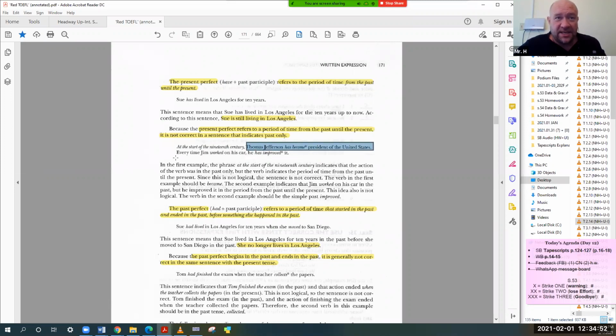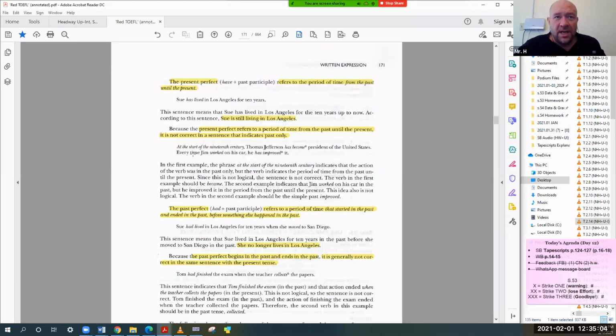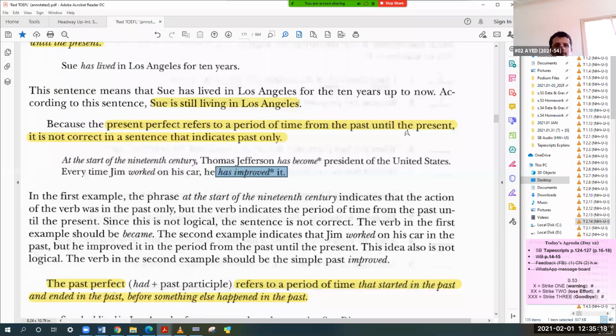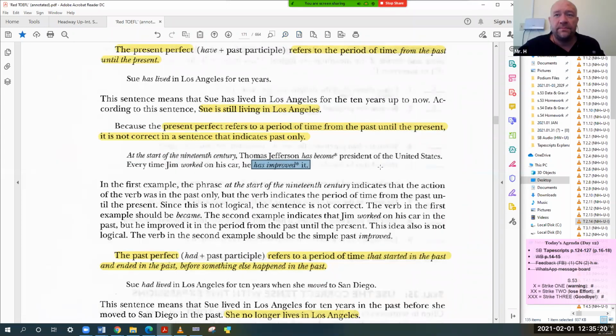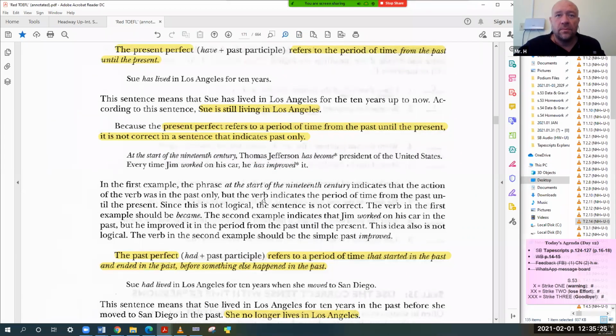All right, Ayed, next one. Every time Jim worked on his car, he's improved it. What's the problem here? Has improved it. Why is this a problem? Should be had.